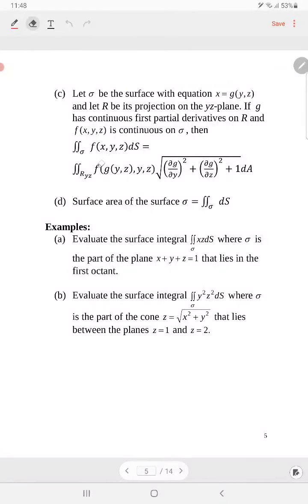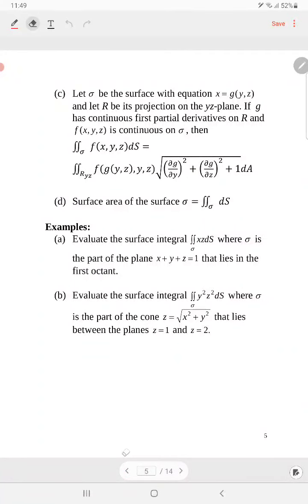So now everything is in terms of y and z. You don't have x anymore. And ds here would be equal to the magnitude of the normal vector dA. So that is equal to the square root of partial g partial y squared plus partial g partial z squared plus 1. And then integrate over region R, which is on the yz plane.